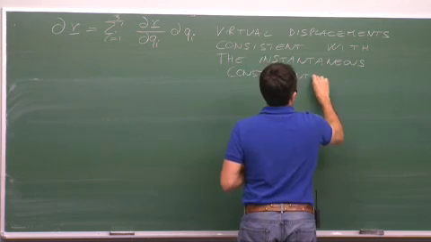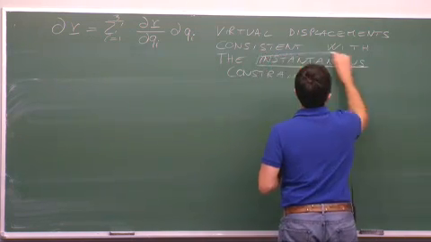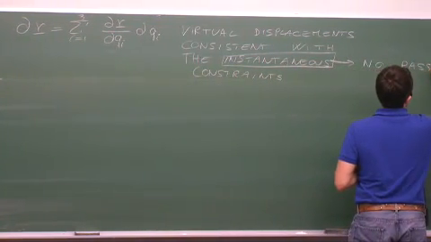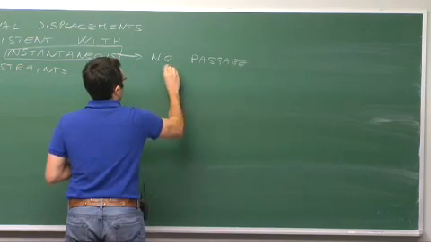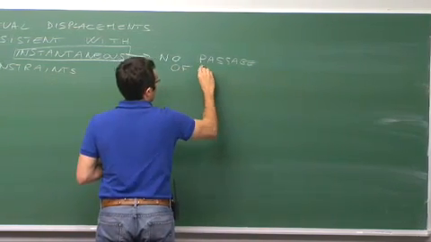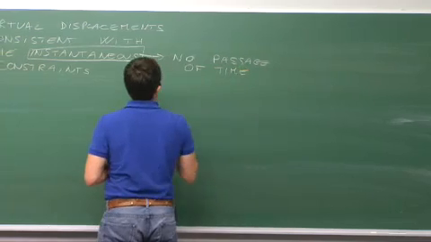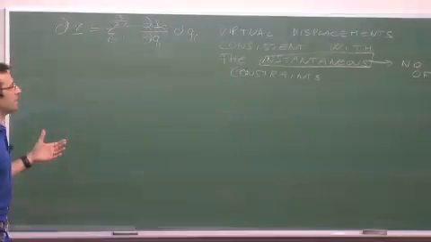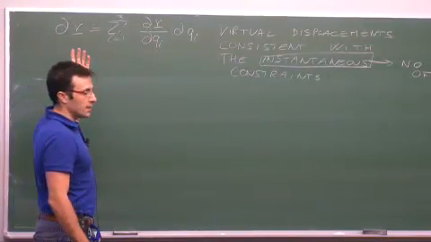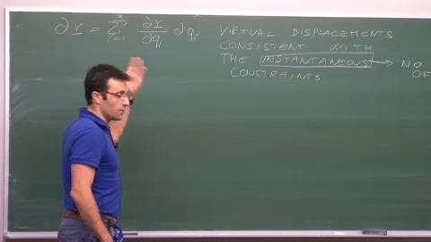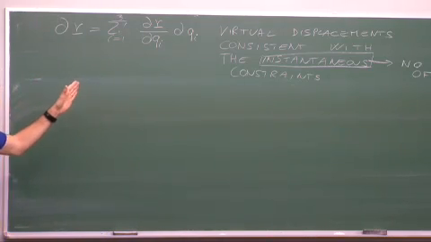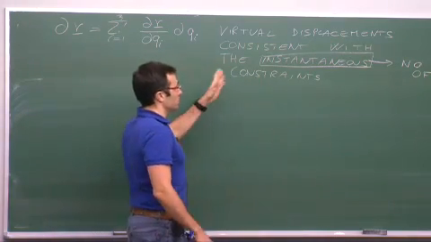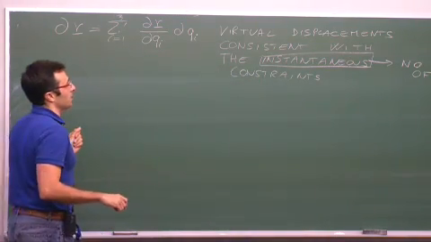Now, instantaneous means no passage of time. So you're freezing time, and you let the particle, in this case one particle, then we'll do a system of particles, move as it is allowed to move given the instantaneous constraint, whatever your constraint is at that particular time that you're freezing. So you don't let time go by, you freeze it, and you just look at what can happen.